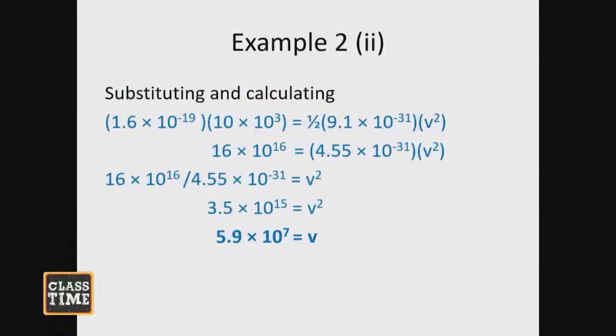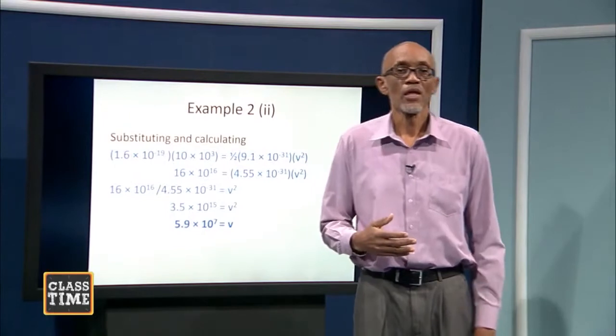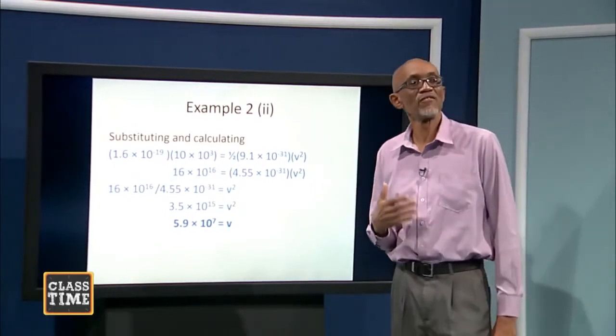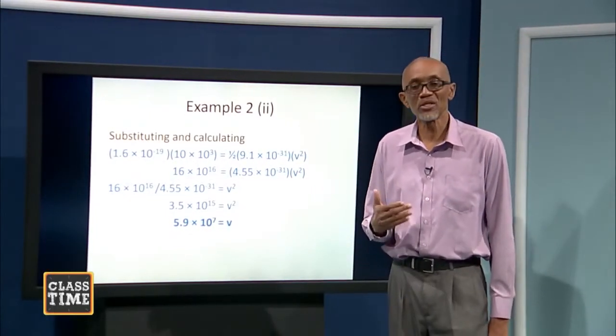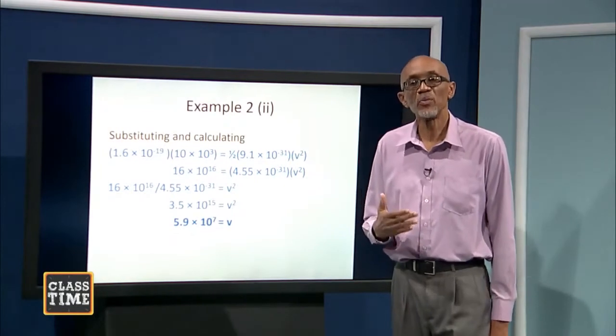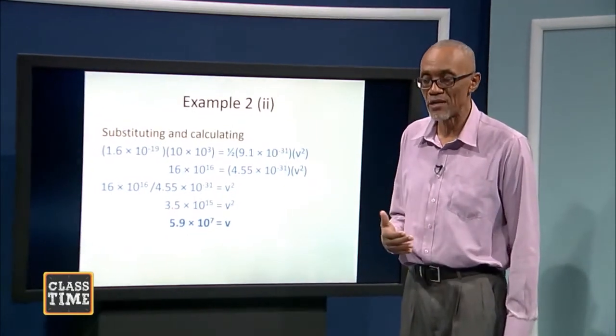I didn't put in my units, that's my bad. So 5.9 by 10 to the 7 meters per second. That is extremely fast, right? That is about 0.59, about 60% of the speed of light. That's really fast, all right?